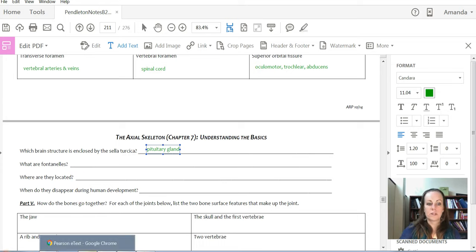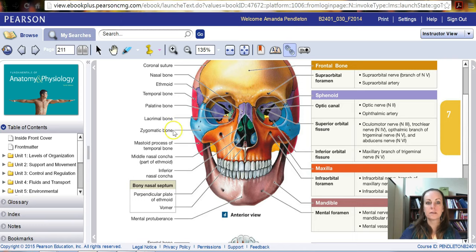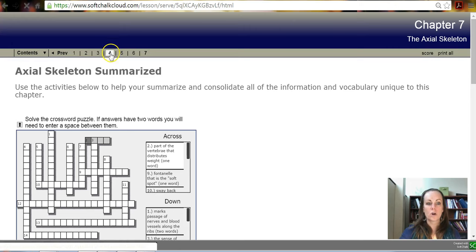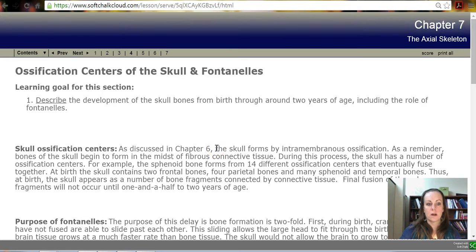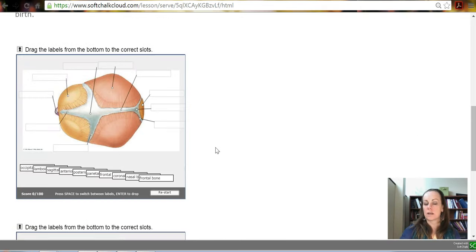So the other thing we were talking about was fontanelles. If you go to your homework, I believe on page 4, this is talking about these connective tissue sheets where the skull bones have not yet fully replaced that dense connective tissue.